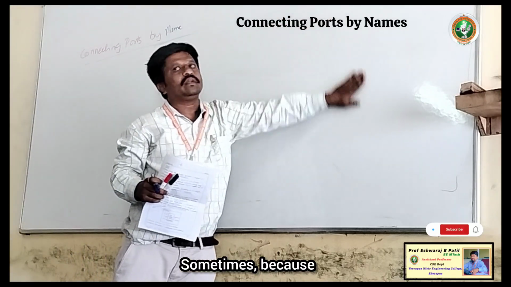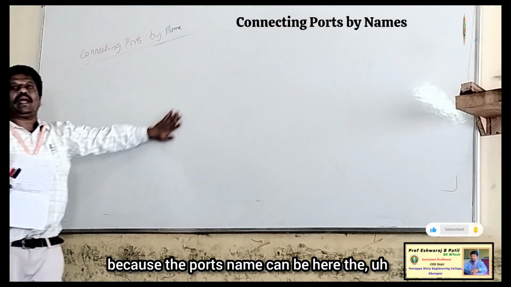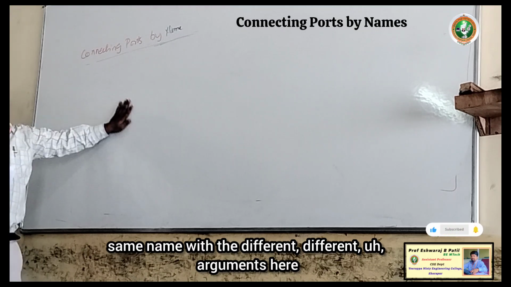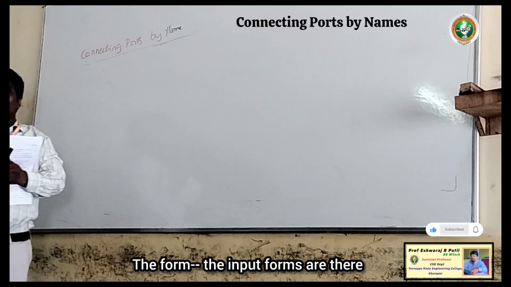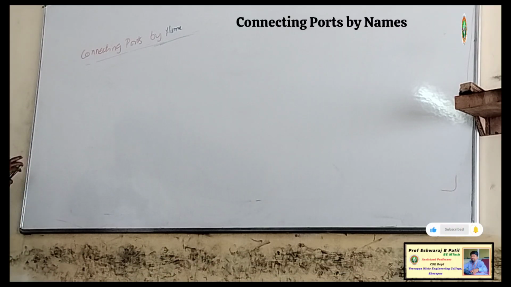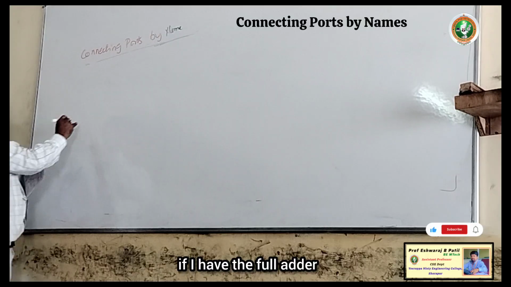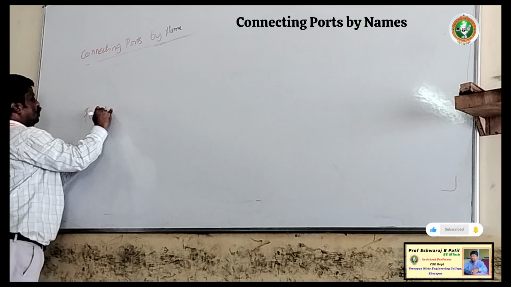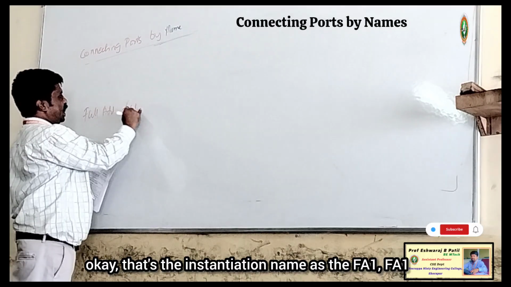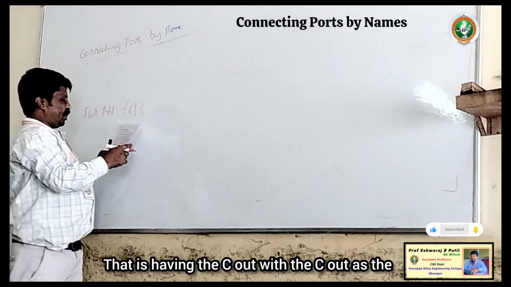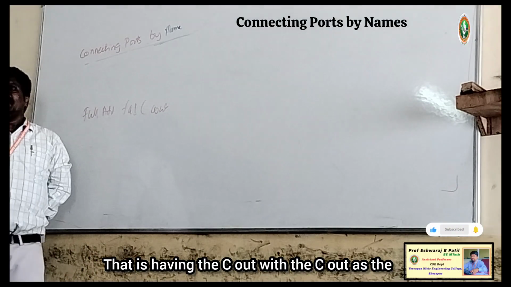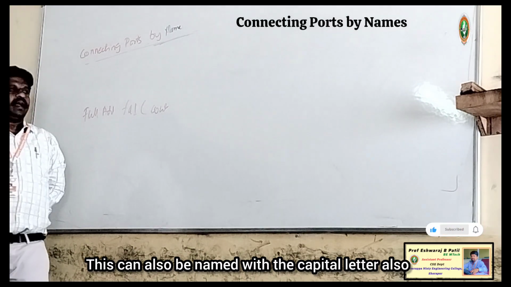Sometimes the port names can be the same name with different arguments, different inputs. So if I have the full adder, the instantiation name is FA1, which has cout, and this can also be named with a capital letter.